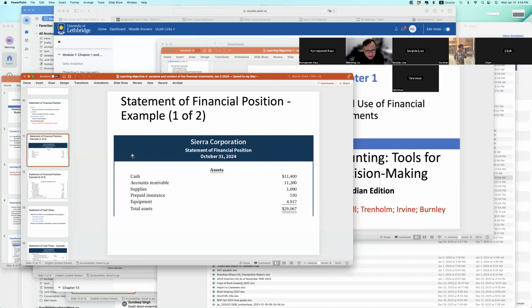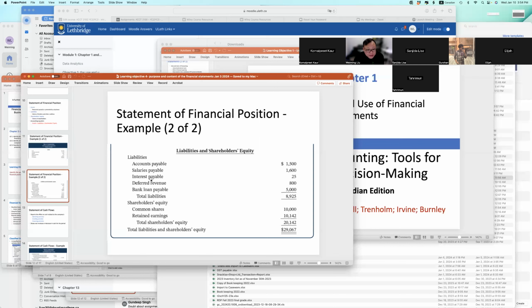It gives me the asset information here, and it also gives me liability information. So now you can do some ratio calculation. Okay, so calculate the working capital and current ratio.